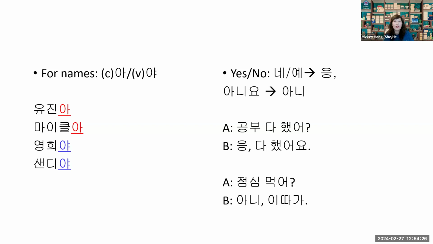For yes, you could say 응, yeah. It's like yeah, very casual. 아니요 becomes 아니 because the yo is dropped. 공부 다 했어? 다 했어요. From that speech right away, A is older, because they can ask the question without the 요, but B is still attaching the 요. 점심 먹어? 아니, 이따가.